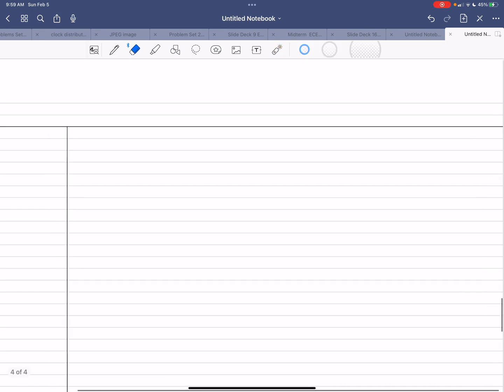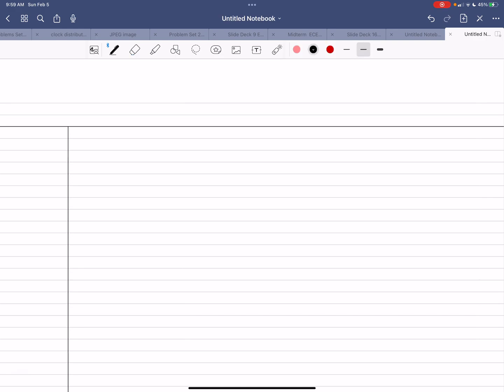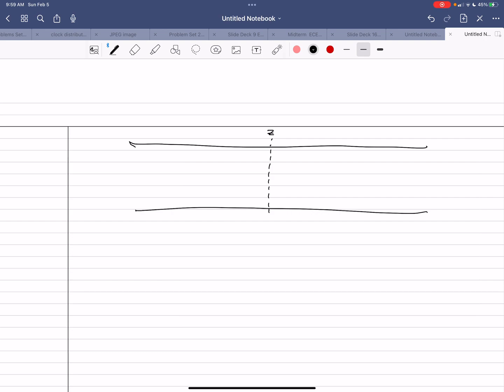Okay, let's say this is the two wires. It's going to have some point Z, and then another point Z plus delta Z, and there's going to be a point Z minus delta Z, and so on and so forth. There'll be another point Z plus 2 delta Z, and so on. So I can go on basically indefinitely. And again, this is the Z direction.